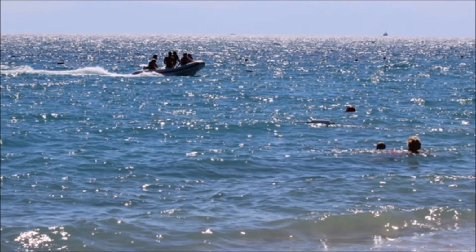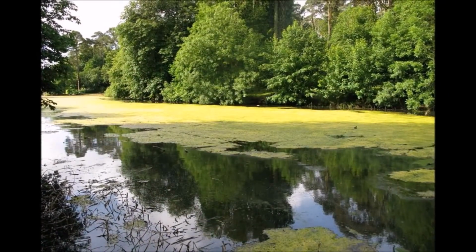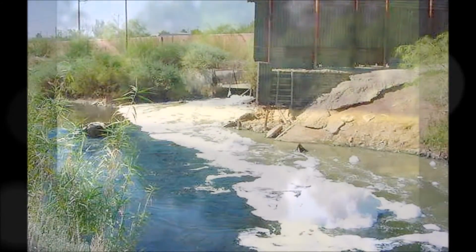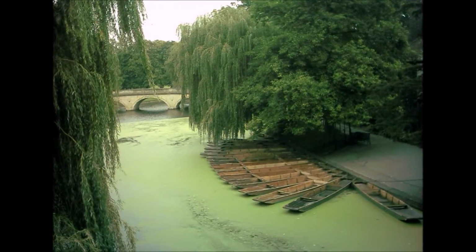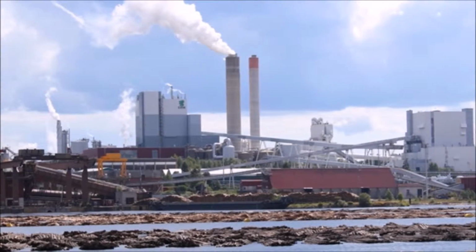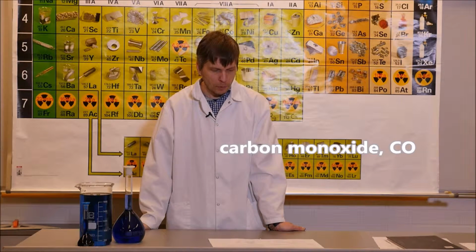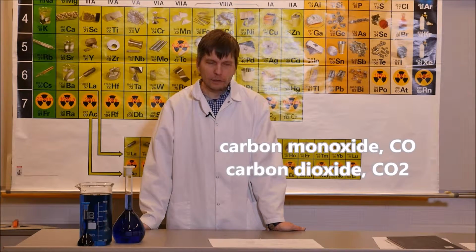Oceans, lakes and shores are becoming eutrophic by fertilizers and wastewater. The acidification of the soil and water is a result of using fossil fuels. The burning of fossil fuels yields carbon monoxide, CO, and carbon dioxide, CO2.